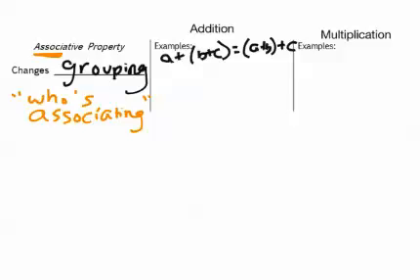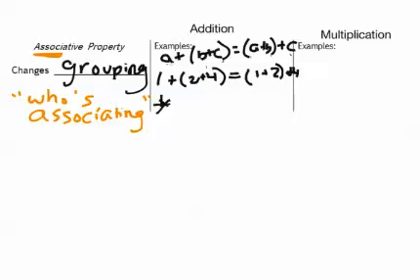A, B, C, A, B, C. Order does not change. An example with numbers would be 1 plus parentheses 2 plus 4 equals parentheses 1 plus 2 plus 4. And then come up with an example of your own. Again, you may pause the video before you move on.